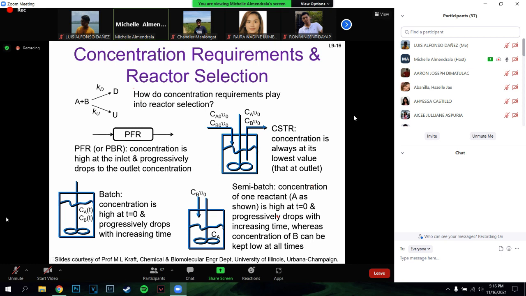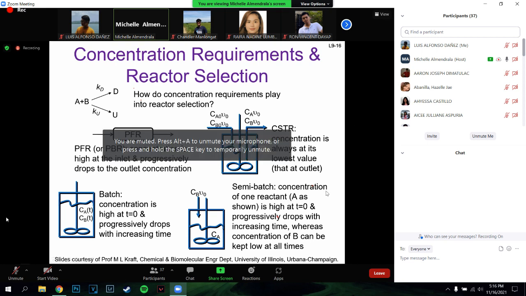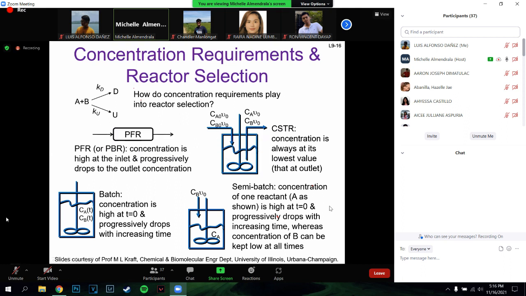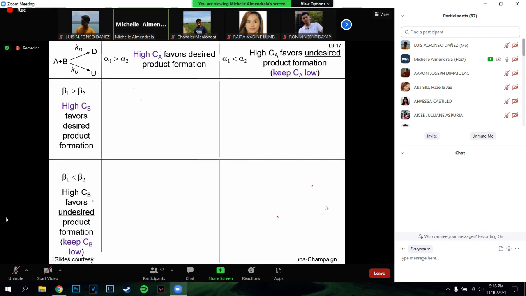Given that condition for each type of reactor, this will be the effect on selectivity. High concentration of A favors desired product formation, as long as kD, the desired reaction, is higher than kU.